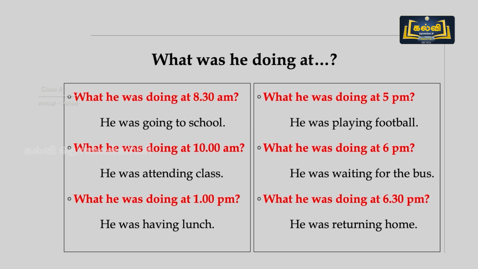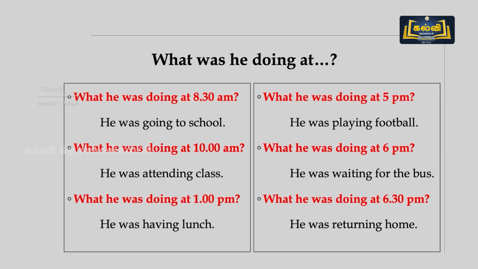Even though I did not give you the time, probably you know the typical life of a schoolboy. So what was he doing at 8 a.m. or 8:30 a.m.? He was going to school. Okay, that's fine. What was he doing at 10 a.m.? He was attending class. What was he doing at 1 p.m. in the afternoon? Maybe you didn't see that on the graphic, but he was having lunch.